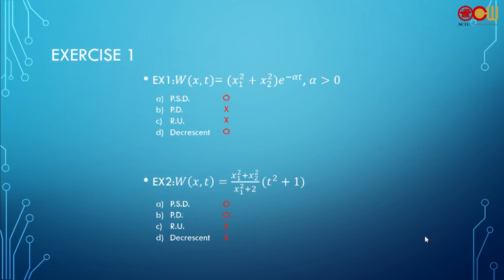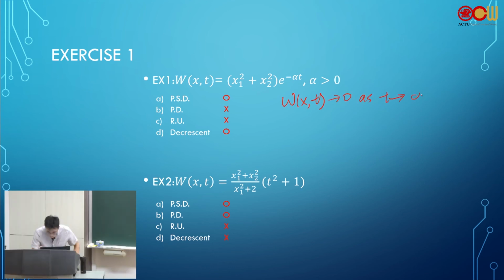So here are some exercises we can do right now. The condition for PSD is looser compared to PD. This function will go to 0 as t goes to infinity, no matter what x1 and x2 are, because the second part will go to 0 as t goes to infinity.